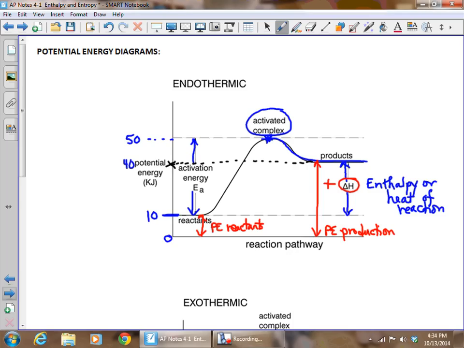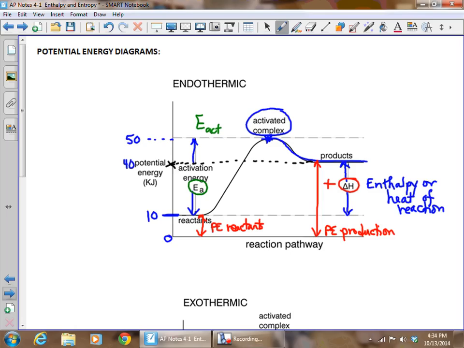Now this activation energy here is going to be larger for an endothermic reaction because it requires a lot of energy just to get it started. So E sub A or E sub ACT, I've seen it written that way as well. That's our activation energy.